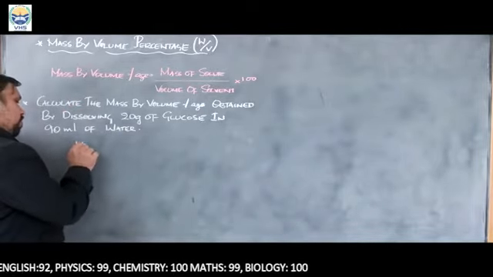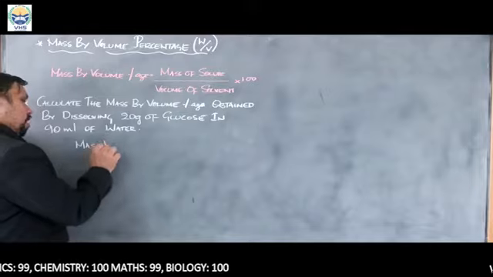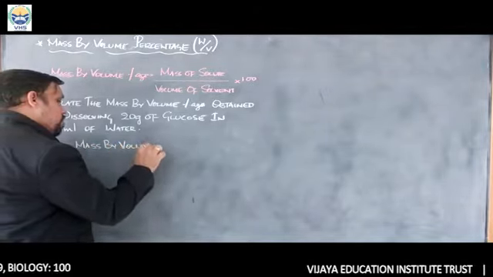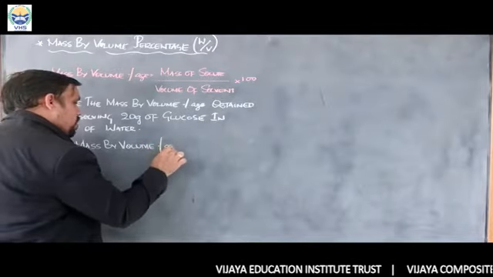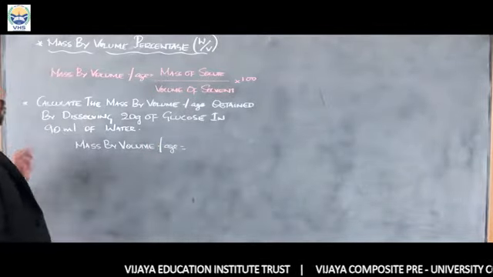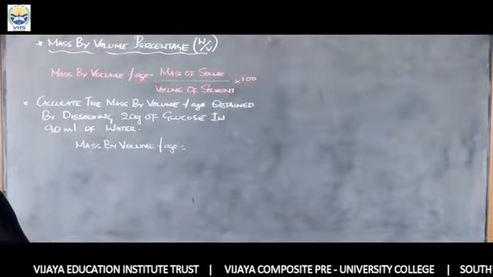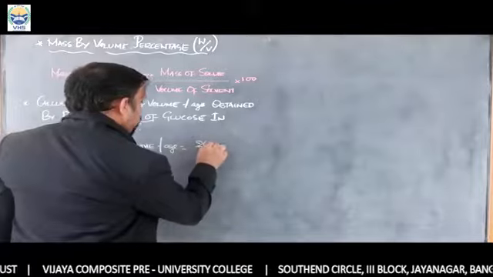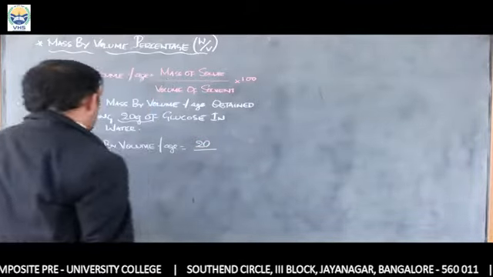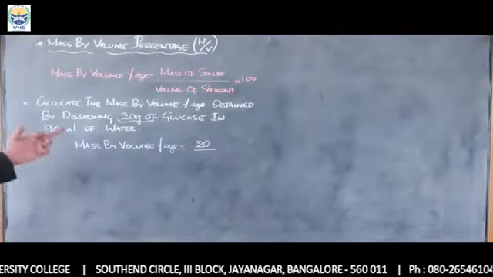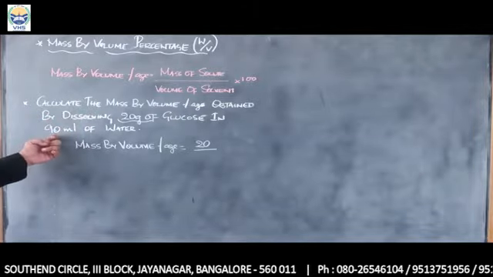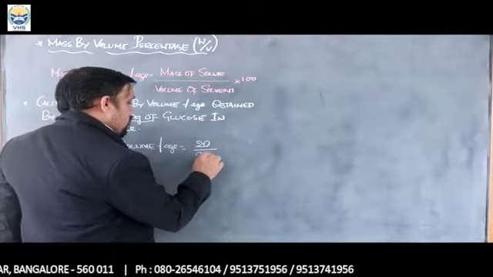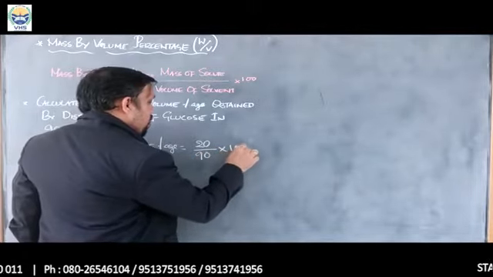That is, mass by volume percentage is equal to, what is the mass of the solute? Mass of the solute that has been given is how much? 20 grams. 20 divided by, next is volume of the solvent. What is the volume of the solvent that we have taken? It is 90 ml, into 100.